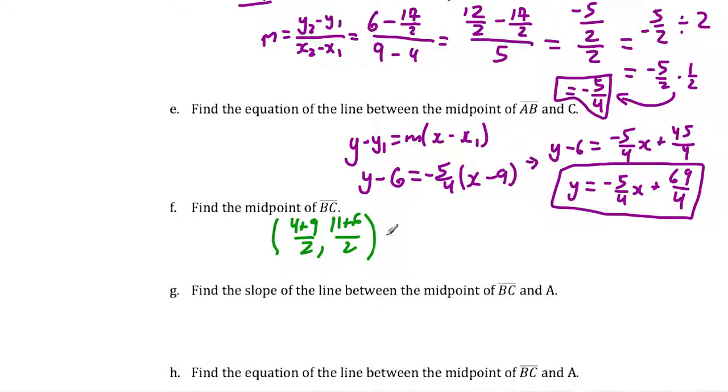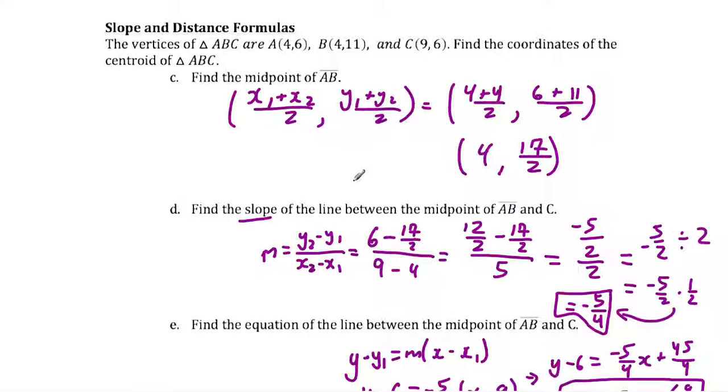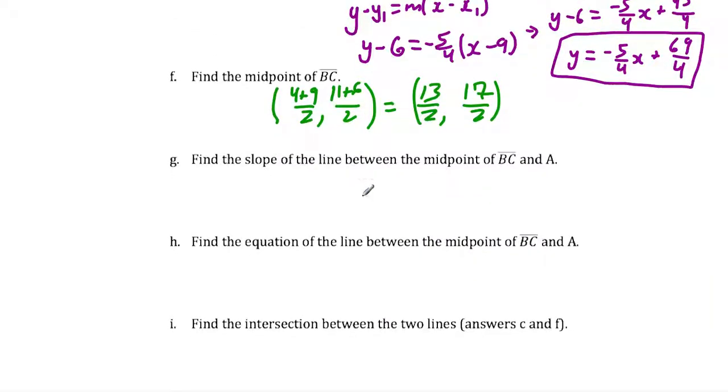Okay, so this is going to give us 13 halves, 17 halves. We want to find the slope of the line between the midpoint of BC, so this point we just had, and A. A, don't forget, is 4, 6.